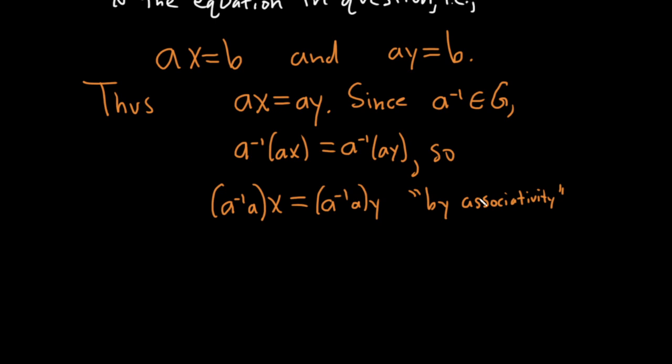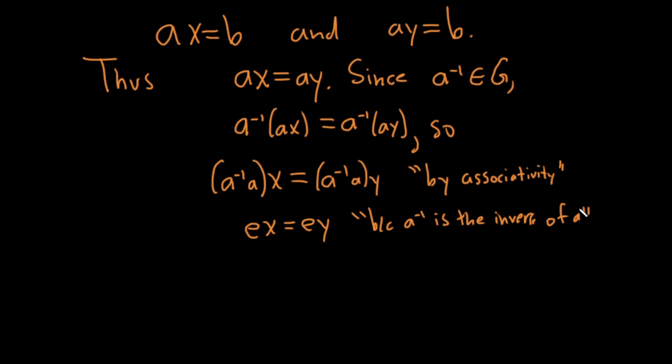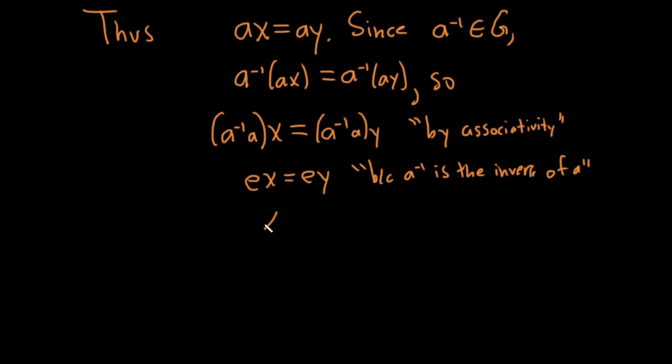This is by associativity, invoking the fact that the binary operation on a group is an associative operation. Not necessarily commutative, but it's associative. And then we know that this is going to be the identity, because A inverse is the inverse of A. And then the last step shows us that X equals Y, and this is because E is the identity.